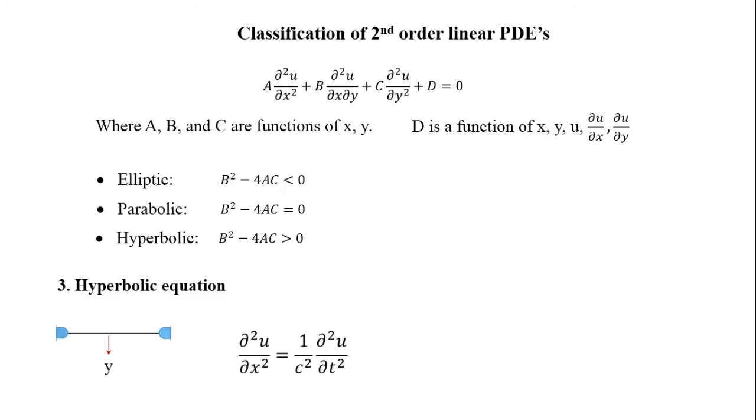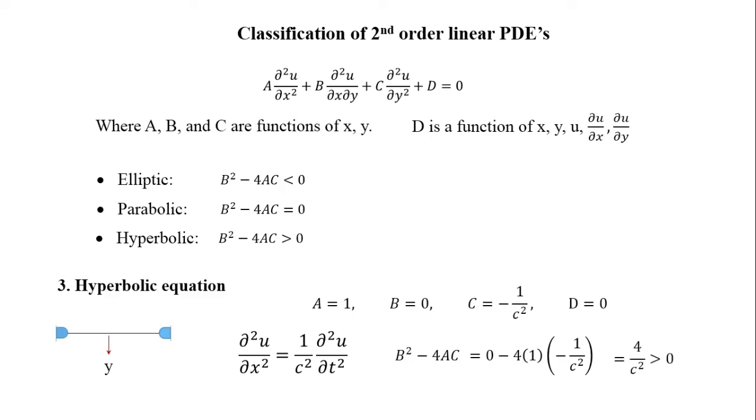A one-on-one comparison of the wave equation with the generalized form gives us A is equal to 1, B is equal to 0, C is equal to minus 1 by c square, and D is equal to 0. So this gives b square minus 4ac equal to 0 minus 4 times 1 into minus 1 by c square, which is equal to 4 by c square, and obviously this is greater than 0. So this equation is hyperbolic in nature.